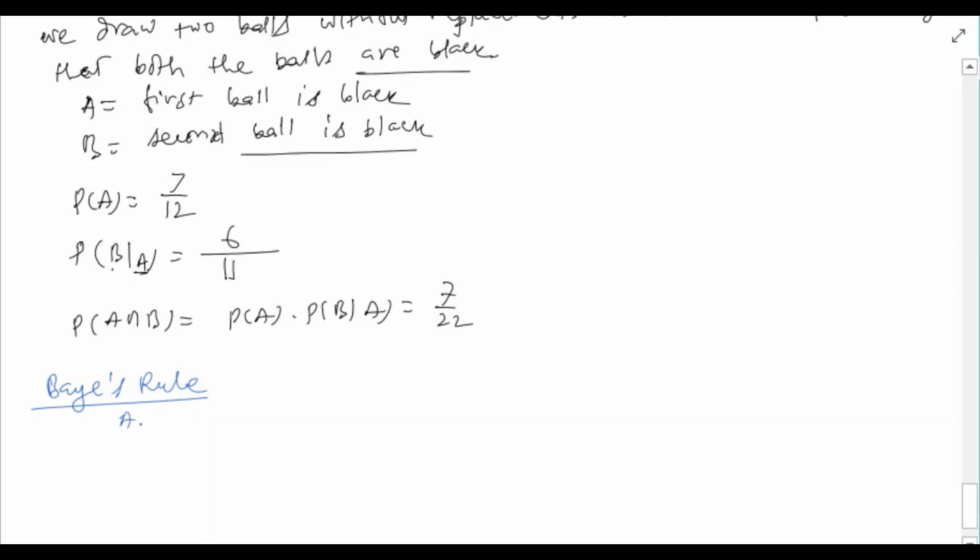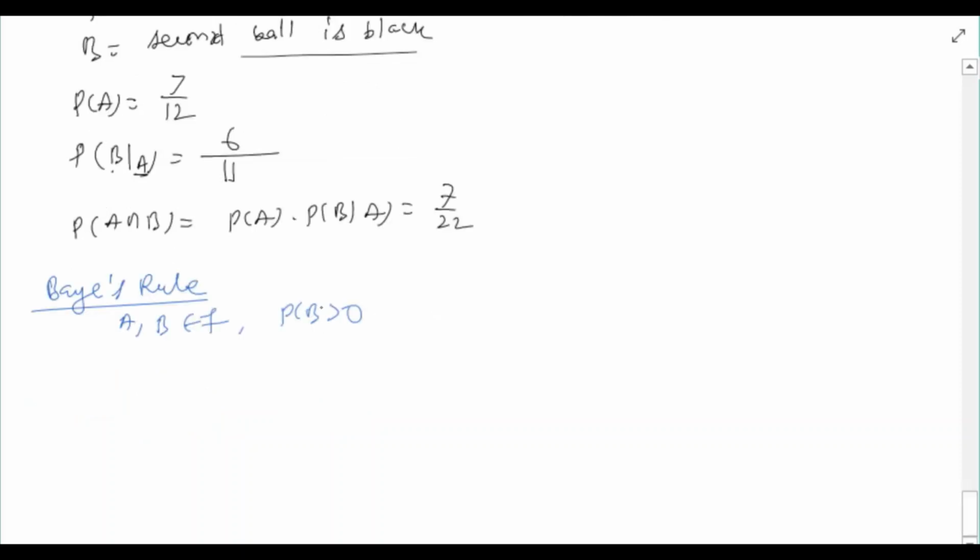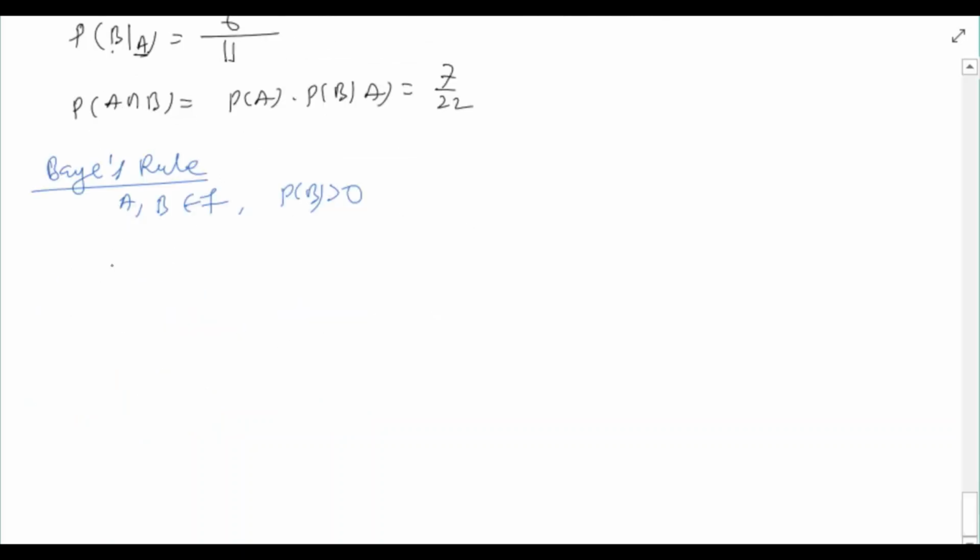As before, assume that A and B are two events such that probability of B is strictly positive, then probability of A given B is probability of A intersection B divided by probability of B, which can be written as probability of A intersection B divided by probability of A intersection B plus probability of A intersection B complement.